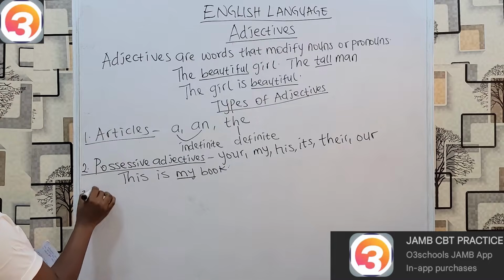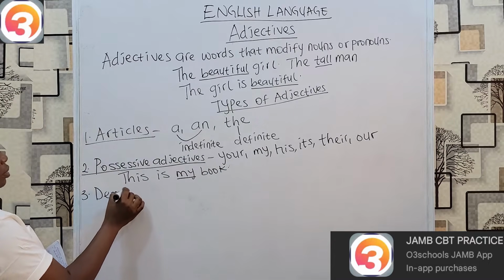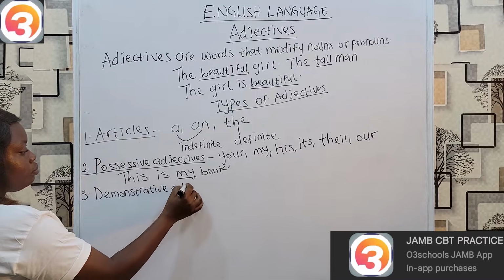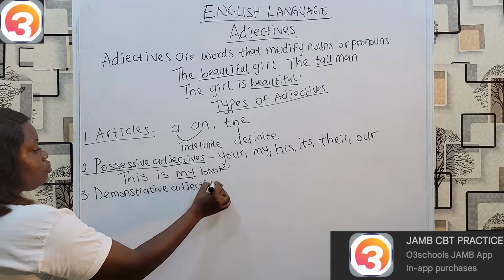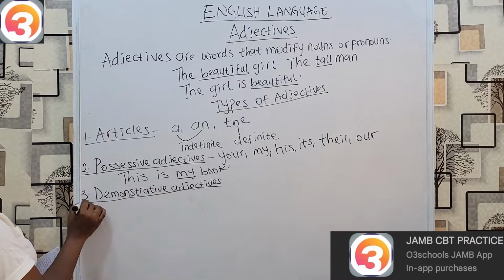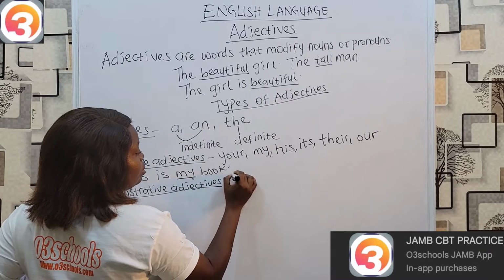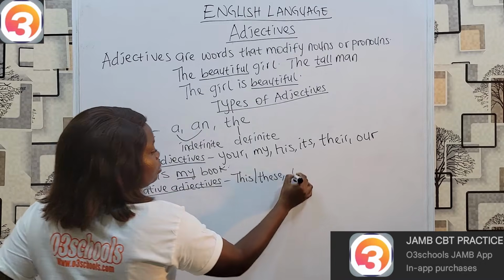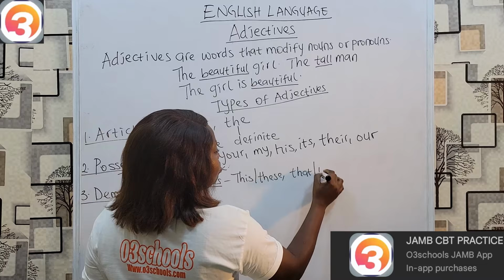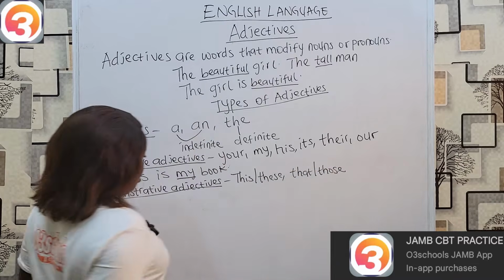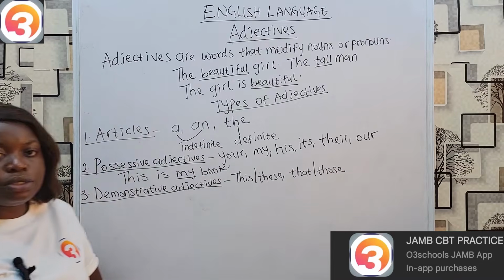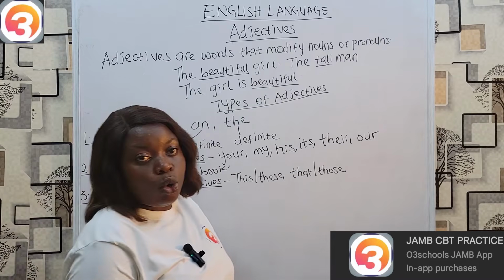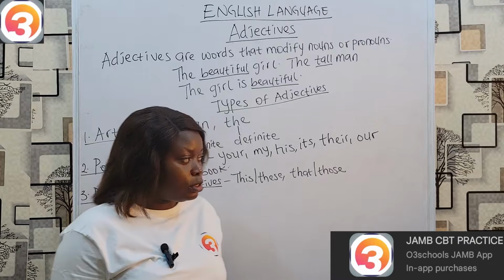We also have demonstrative adjectives. Which are this, these, that, plural is what? Those. Demonstrative adjectives show distance. They indicate whether the noun is close or far from the speaker.